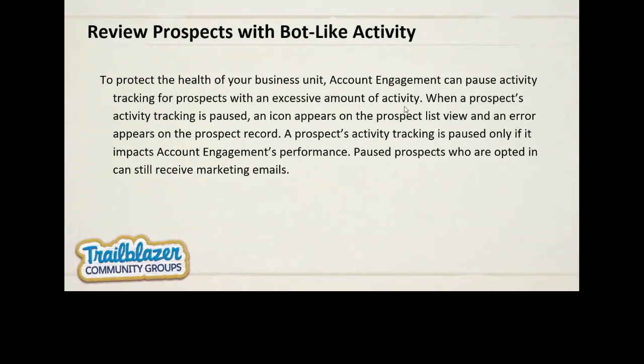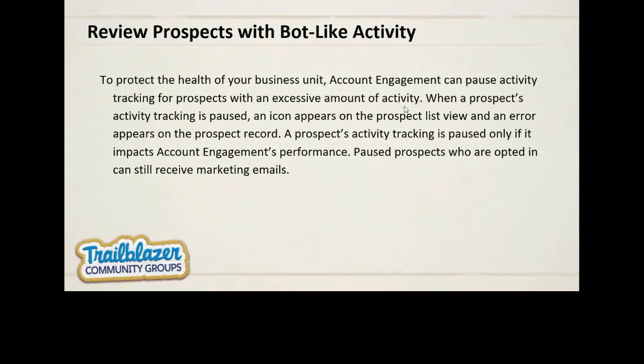Okay, so the third thing is prospects. Pardot has the capability to auto-detect bot-like activity between prospects. It identifies whether a particular prospect's activity is bot-like or not, and restricts that activity from being sent into Pardot. I'm sorry, I'm using Pardot a lot, but it's now Account Engagement.